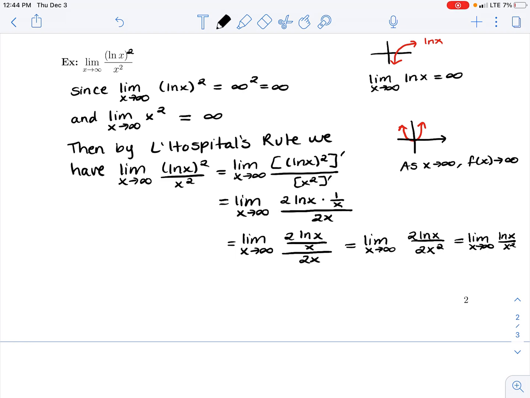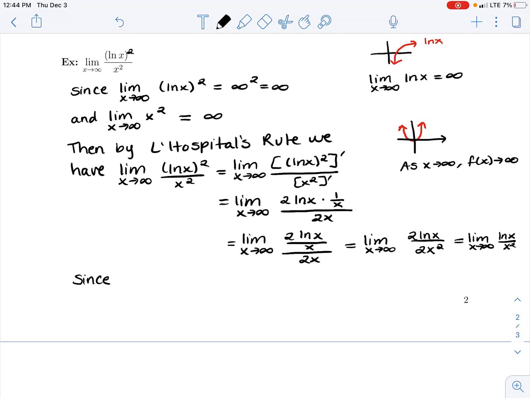Okay. But we're going to show that using L'Hopital's rule by just applying it again. Okay, because if you notice, the limit as x approaches infinity of the numerator is infinity, and the limit as x approaches infinity of the denominator is infinity. And so I can now use L'Hopital's rule to figure out this limit.